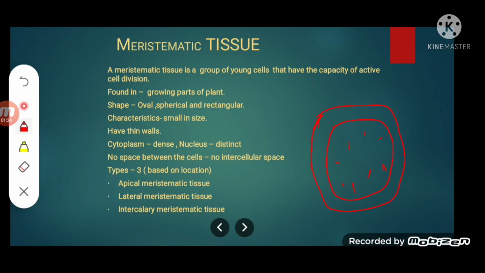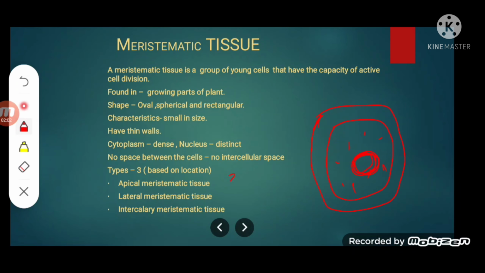Before that, let us see the nucleus, which is located at the center. That will be very prominent, because for active cell division there is always a requirement of a prominent nucleus, because it contains chromosomes and genes, everything which is required for cell division. And children, why is the cytoplasm dense? Because there is no presence of vacuole in meristematic tissues.